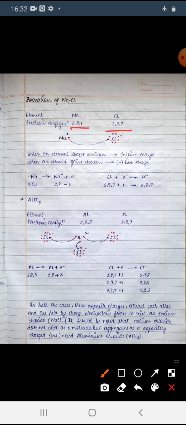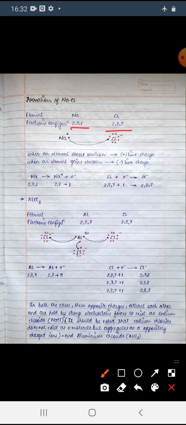Now here sodium has 1 extra electron in its outermost shell, means if it loses its 1 electron from the outermost shell, it will attain the stable electronic configuration, means 2, 8.